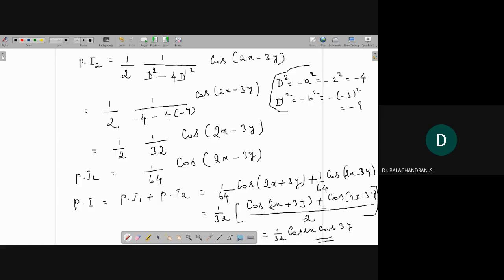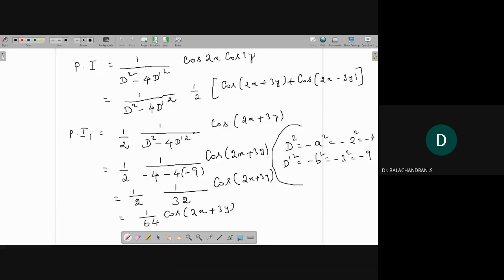So we will check it. There is one shortcut method. Here I will do the shortcut method. Instead of finding PI1 and PI2, actually here replace directly D square by minus 4. Please check it.